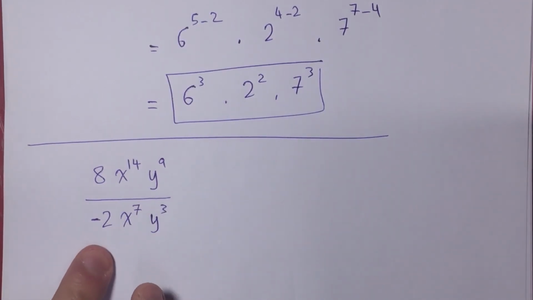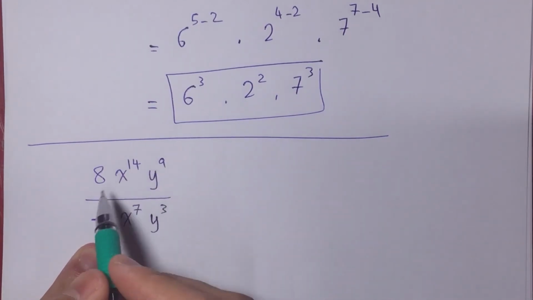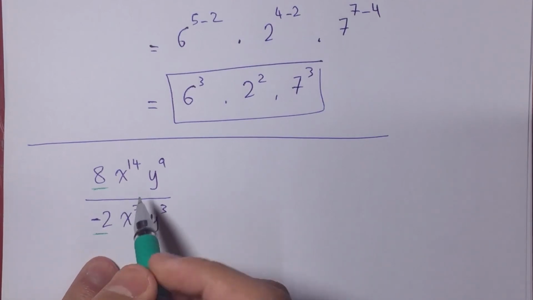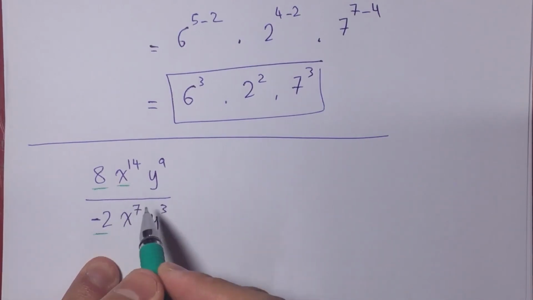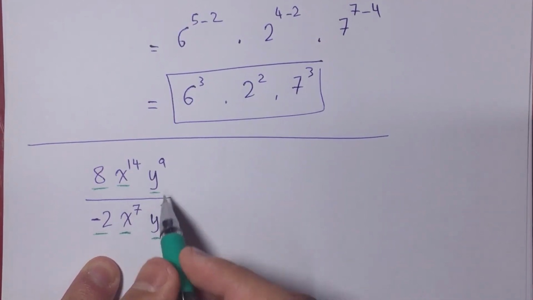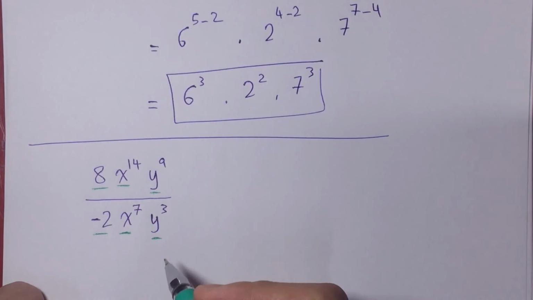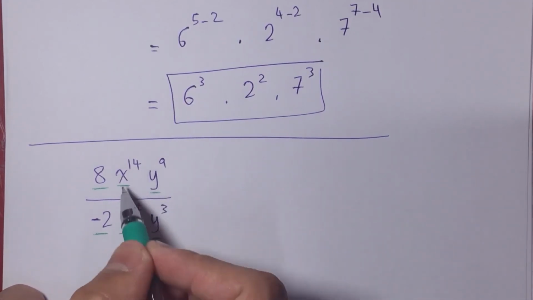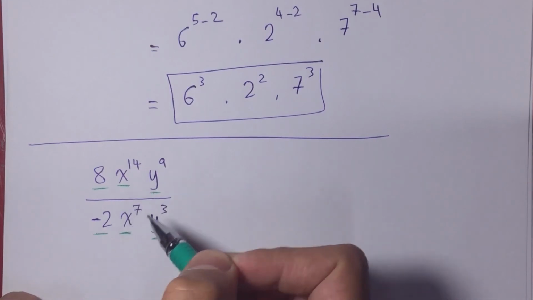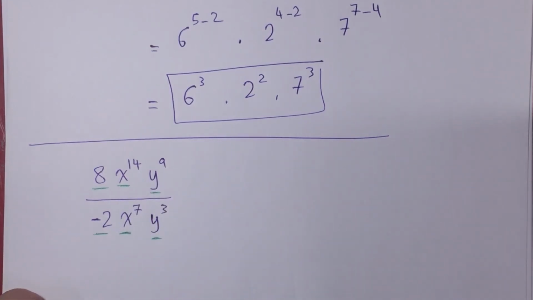How can we solve this? Actually, we do it the same way. We divide numbers with numbers, and each variable with its similar variable, x with the x, y with the y. Okay, so the same bases here, y here and y here, x here and x here. We need to write it in the same base.